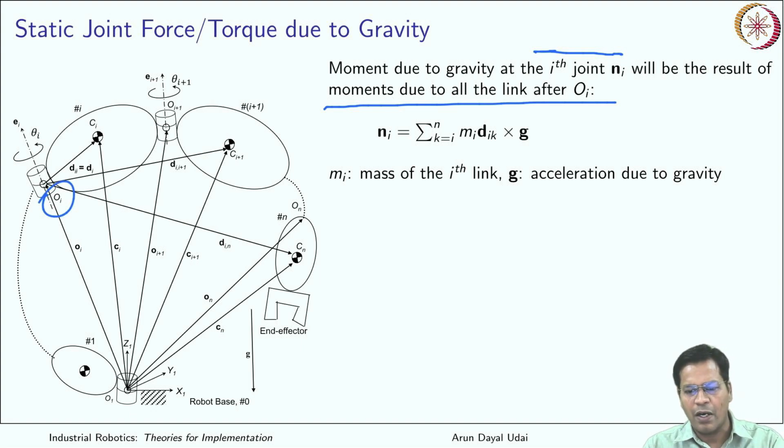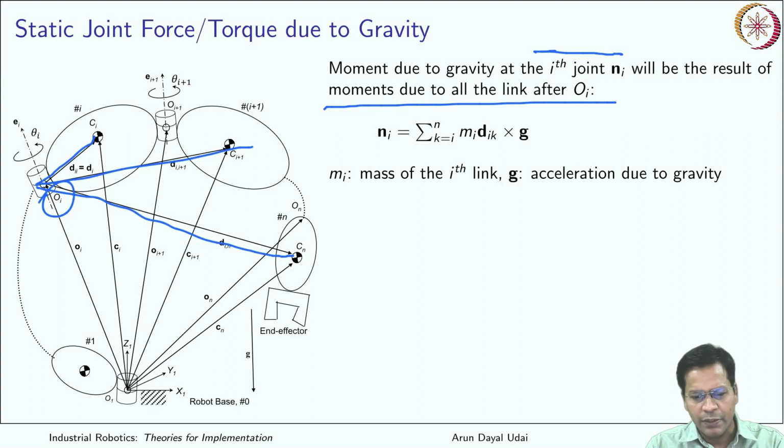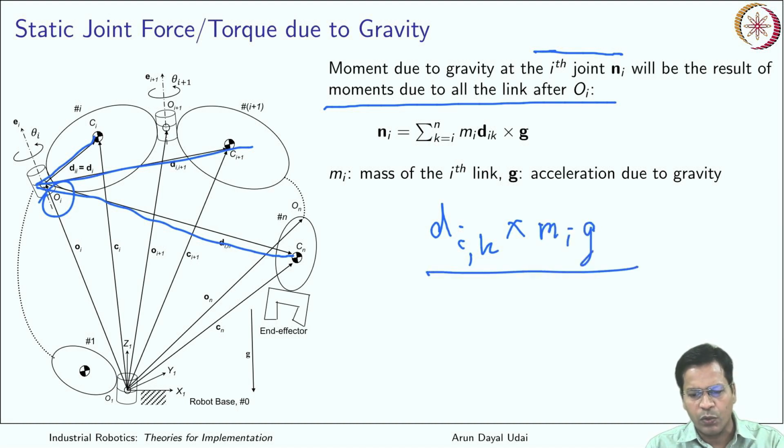So now I will be using d_ik, and it is the sum of the products of all the d_ik cross m_i g, so the sum of all those, where k varies from i plus 1 up till n.